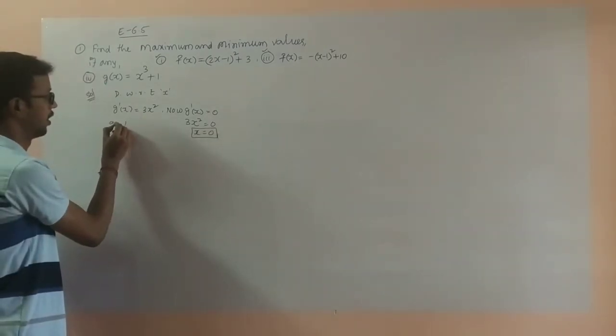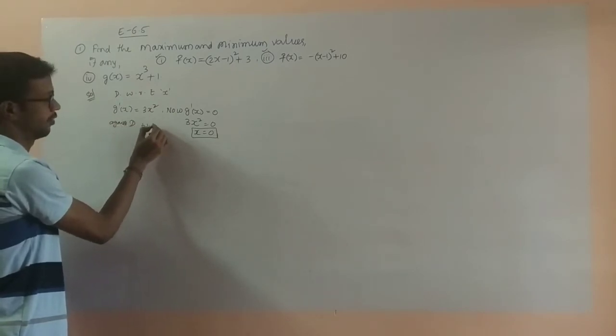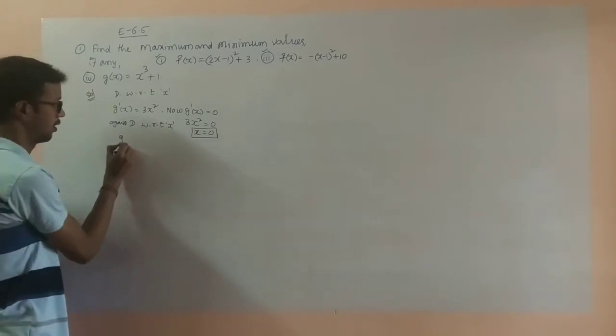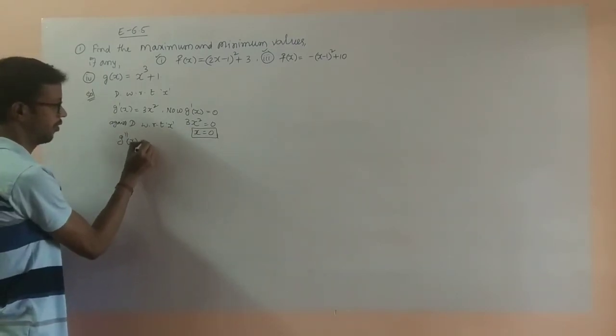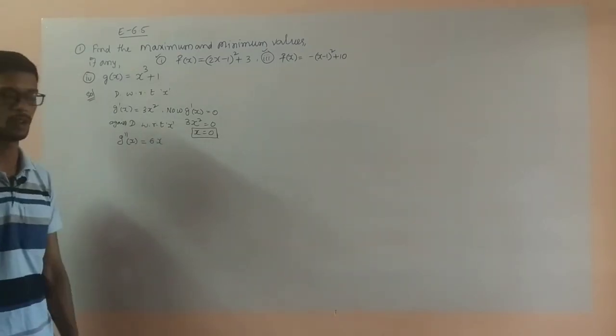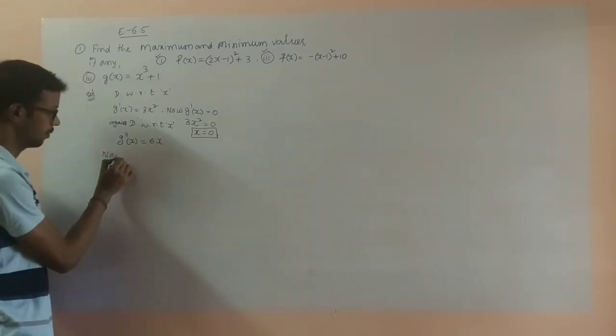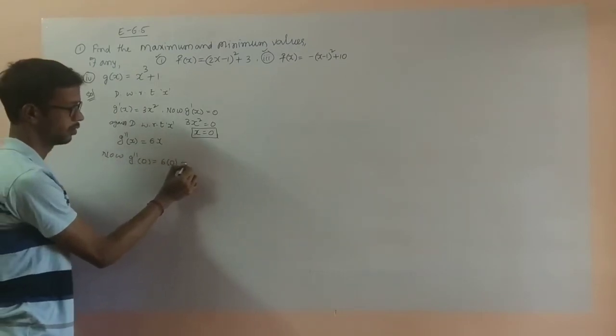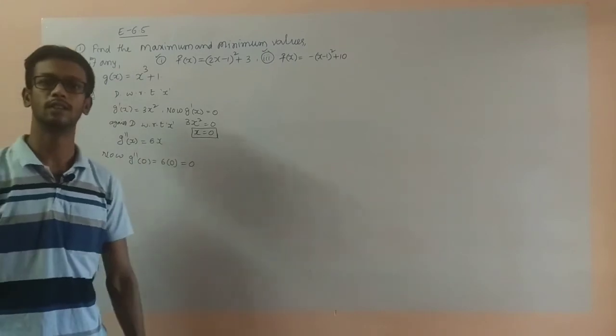Again differentiate with respect to x. g double dash of x is equal to 6x, you will get. Now g double dash of 0 is 6 into 0, which is equal to 0.